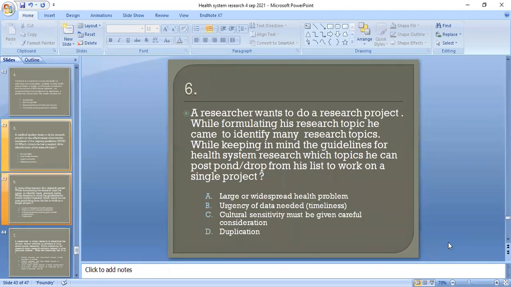A researcher wants to do a research project. While formulating his research topic, he identified many research topics. While keeping in mind the guidelines for health system research, which topic can he postpone or drop from his list to work on a single project? Is it a large or widespread health problem, urgency of data needed, cultural sensitivity that must be given careful consideration, or duplication?